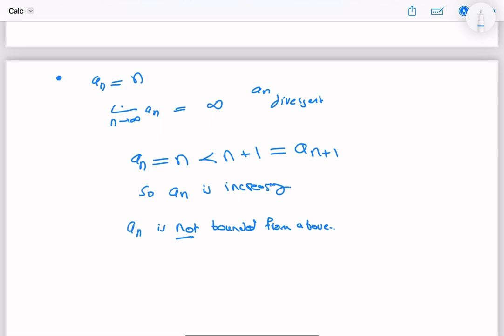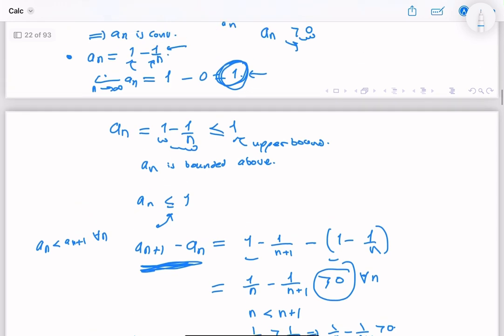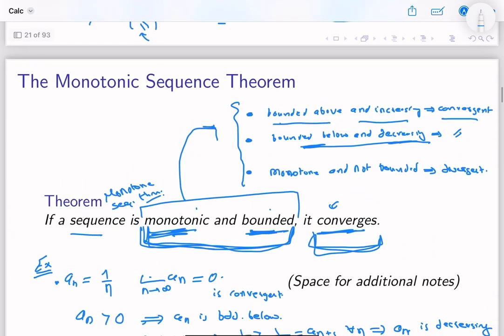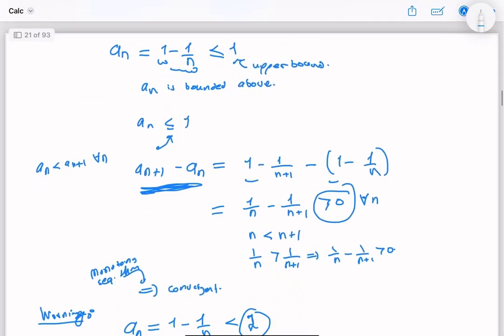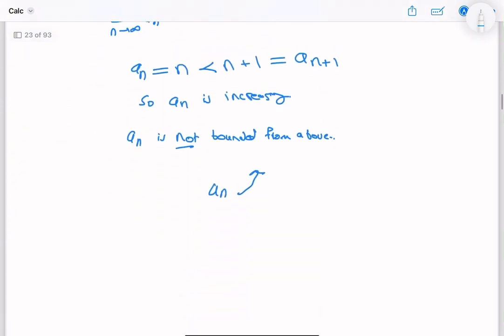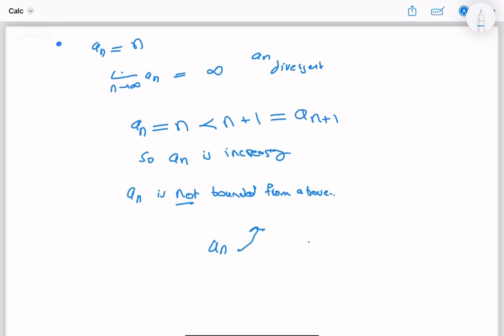So you have a sequence that is increasing, and there is no bound from above, and thus this theorem will tell you that divergence will happen. So if it's not bounded and it's monotone, then it should be divergent. Okay? So this is another way to see this. So by the monotone theorem, it's divergent.